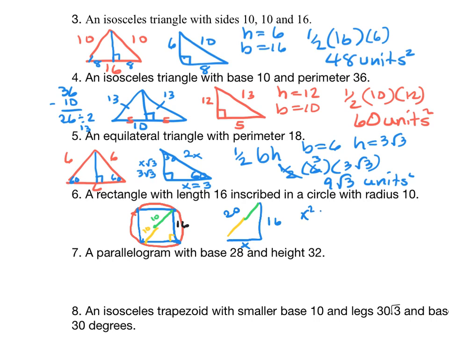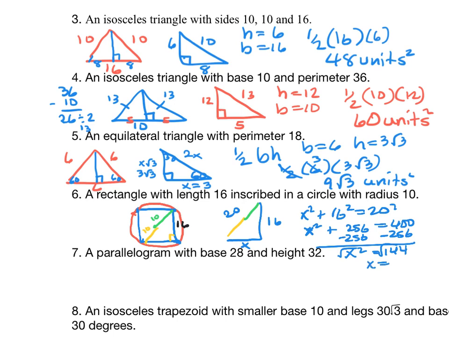So x squared plus 16 squared, 20 is the hypotenuse. x squared plus 256 equals 400. Subtract 256 from both sides. x squared equals 144. Square root it. x, or my width, is 12.